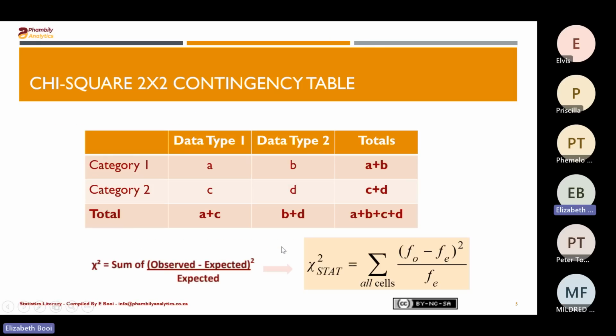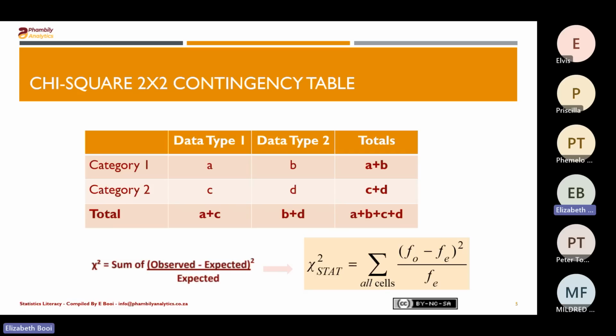In terms of a formula, this is the formula we're going to be using: the sum of the observed minus the expected, squared, divided by the expected. We're going to look at the formula later on.